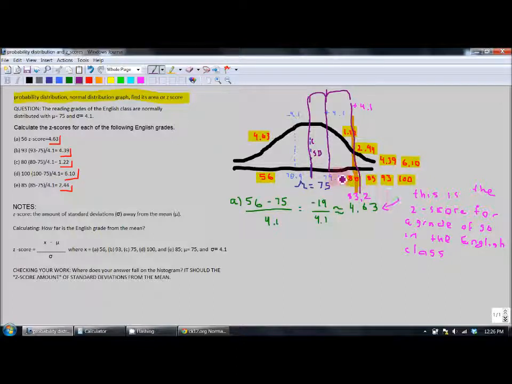So you see that your score of 80 is not quite 83.2, right? 83.2 would be 2 standard deviations above the mean. That's why your score of 80 is 1.72 standard deviations above the mean. You're not quite 2 standard deviations above the mean, but you're more than 1 standard deviation above the mean, which is 70.9. So that's pretty much how you could check your work.